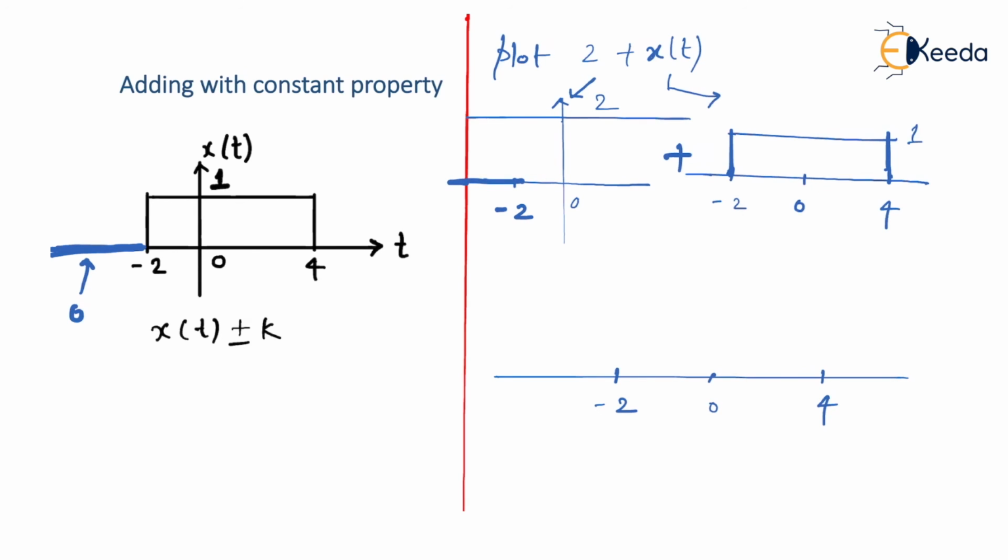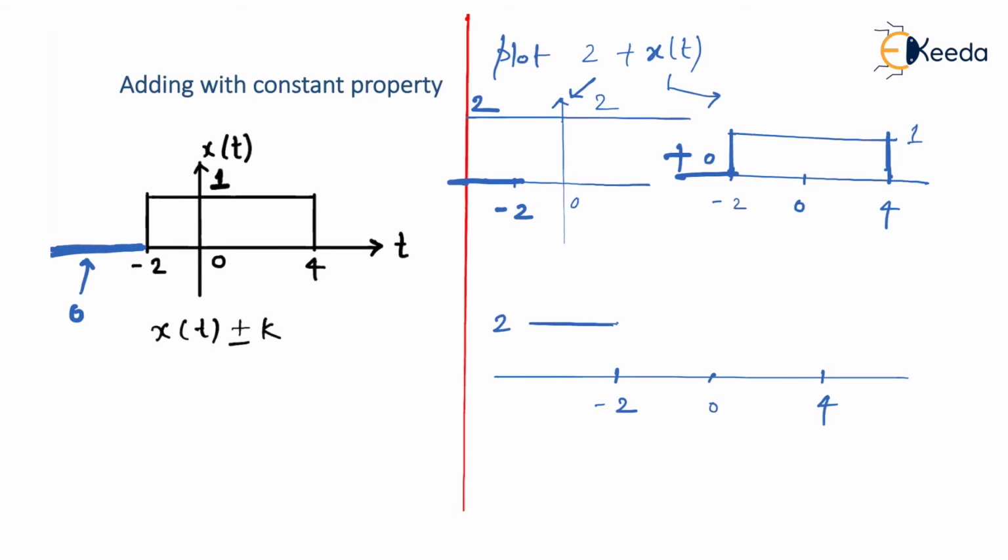Therefore, it has amplitude 2 for t less than -2, and x of t has amplitude 0. And what we have to do is certainly addition. Therefore, 2 plus 0 will become 2. Therefore, up to -2, it will have amplitude 2.